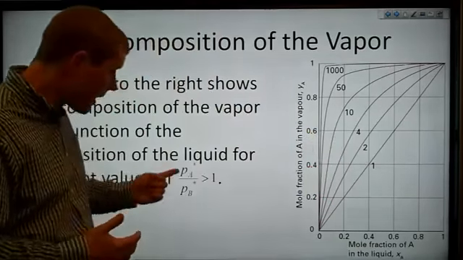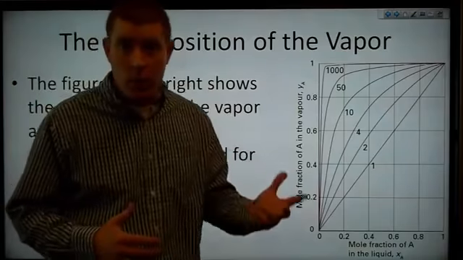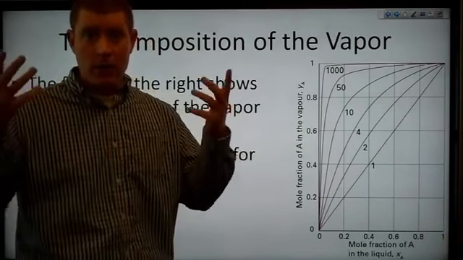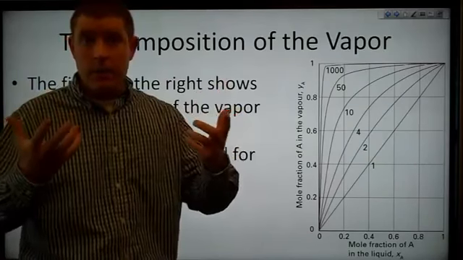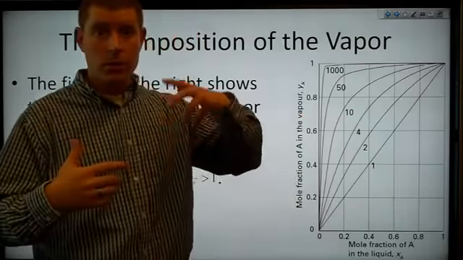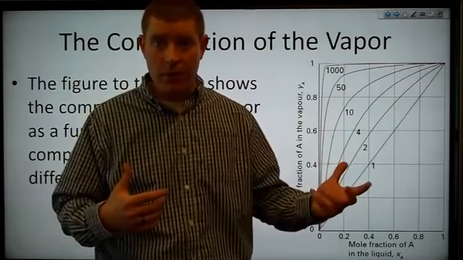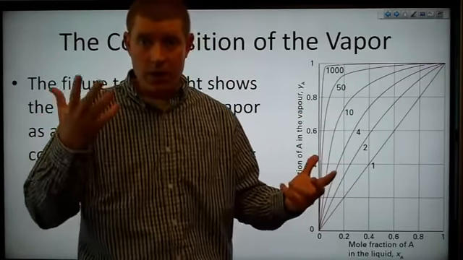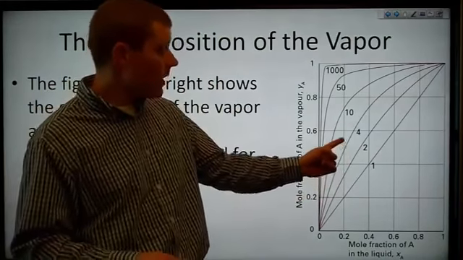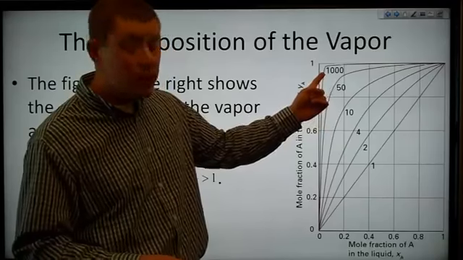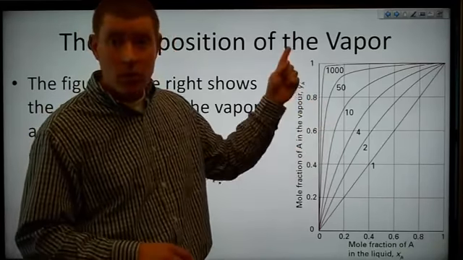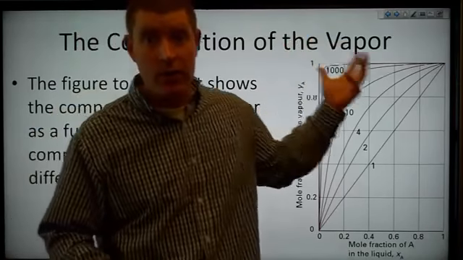If the ratio of the vapor pressures of A and B is 1, that means the vapor pressure of pure A and the vapor pressure of pure B are the same. That means that they're going to volatilize at the same rate, so the mole fraction in the vapor phase will be exactly the same as the mole fraction in the liquid phase. But as A gets more and more volatile compared to B, the vapor phase gets more and more enriched in A, the more volatile component.